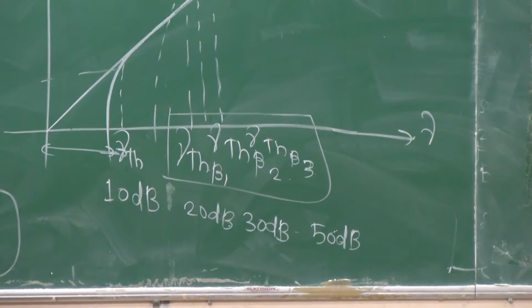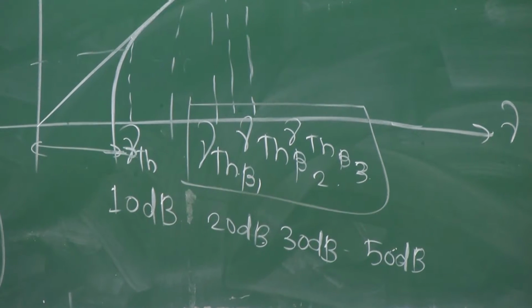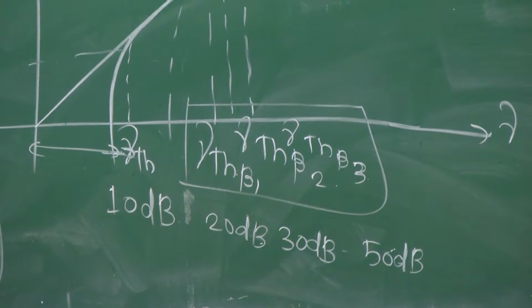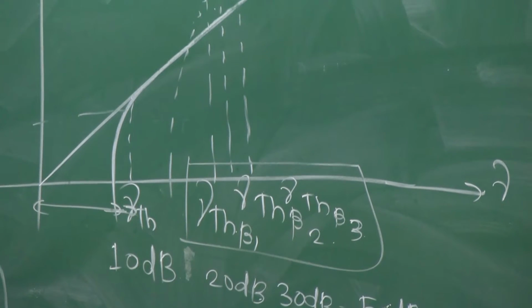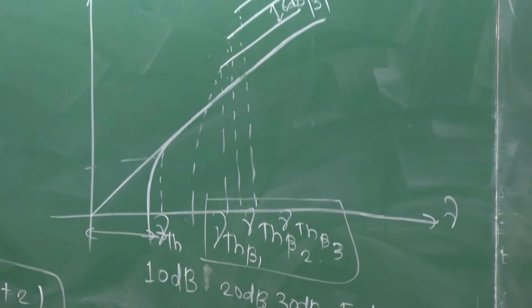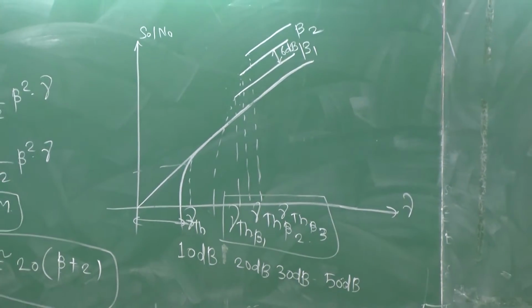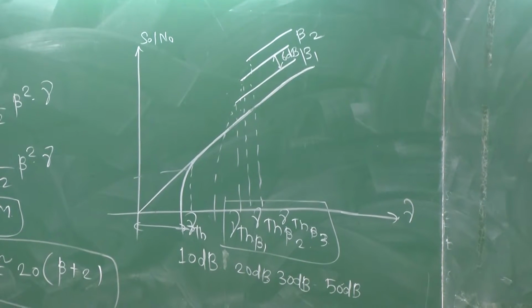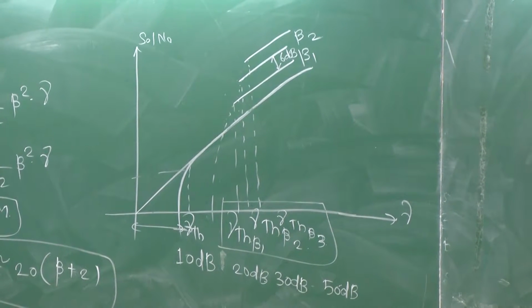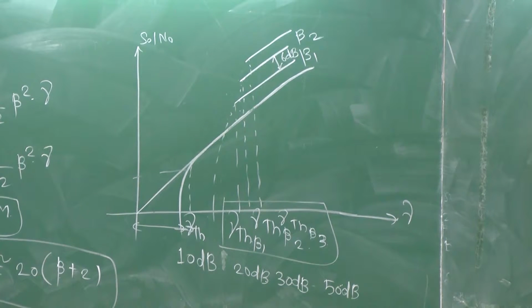Now in the present situation, I have an input signal to noise ratio of about 25 dB. So I have to select AM, which gives a gamma threshold value of 10 dB, so my working area is above the threshold value.